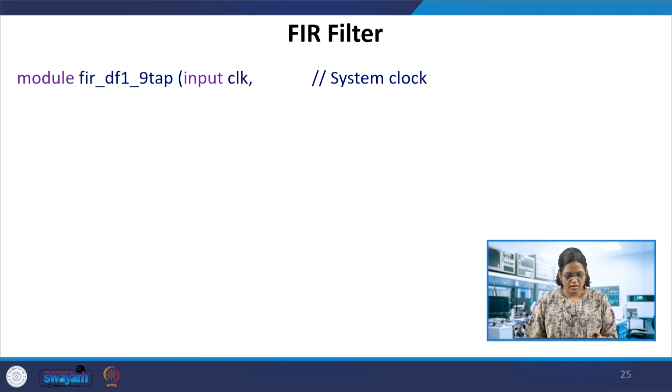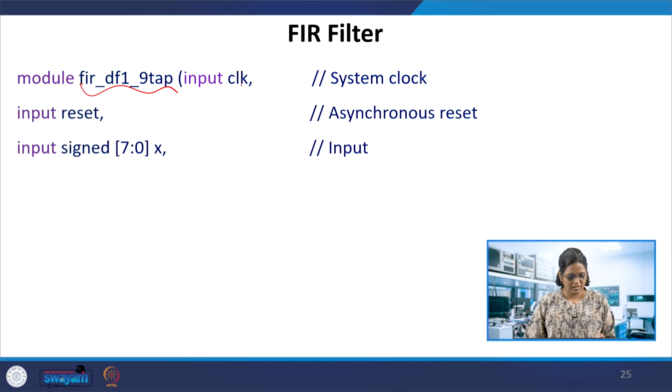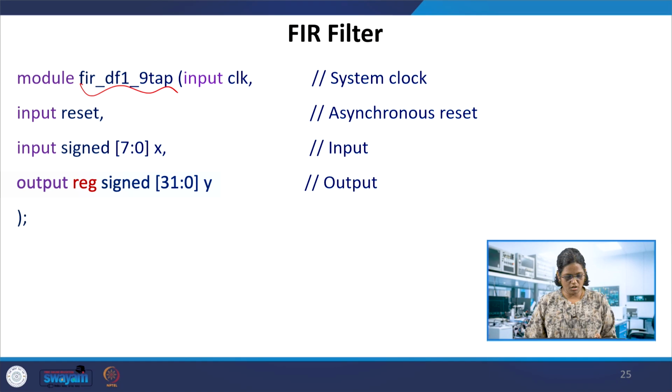So if you take the model which we had developed already, the FIR filter module: this is the module. System input clock is this, and reset the similar way to what we defined in the previous examples as well, x and y. These are the input and output declarations, reset and clock.